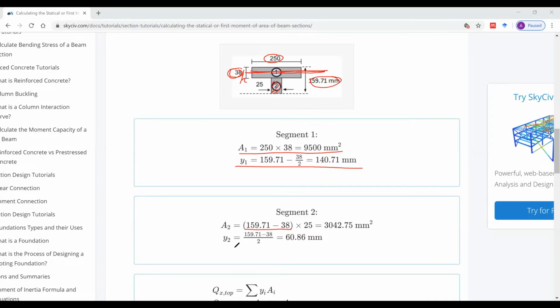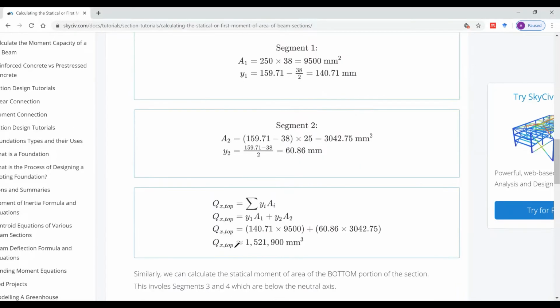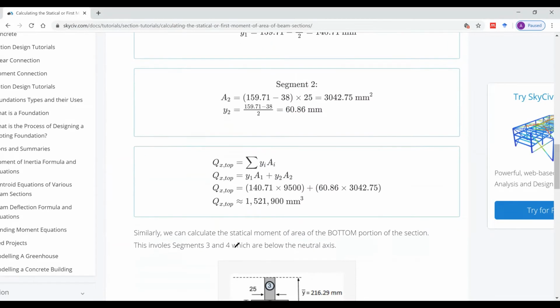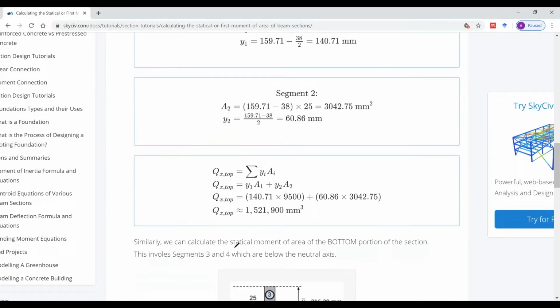And if you continue doing this, you will get the first moment of inertia. If you look here, guys, it's just like a summation of y times A, and we have area 1, area 2 times its centroid, which gives the first moment here.